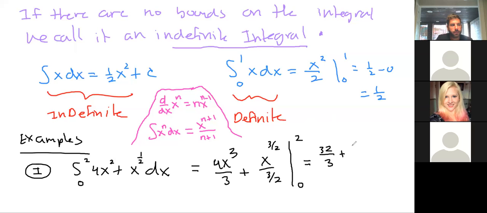Plus, instead of dividing by 3/2, I'm going to multiply by 2/3, and then this becomes 2 to the 3/2. Then, of course, this is going to be minus 0 plus 0, because when you plug 0 in, it goes away. So if you simplify this, this is 1/3 of 32 plus 2 to the 5/2. That's one way of writing it.